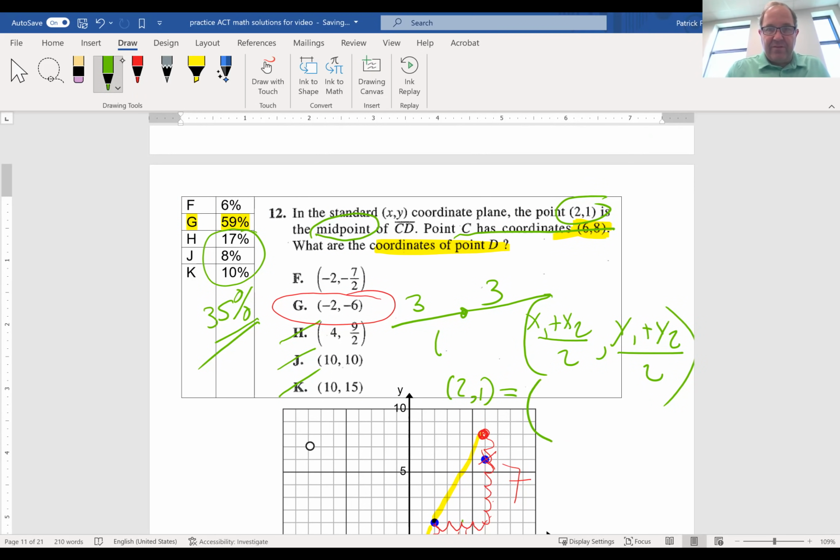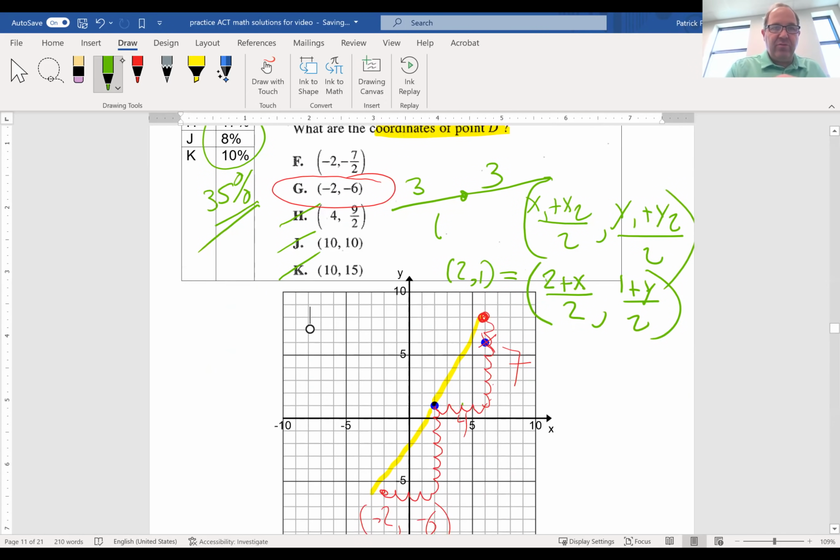And I got to have the X's, and all I know is 1 point, right? You can see how this is kind of getting a little deeper into algebra, whereas the graphing's a little quicker. But what you would do is you would just solve this equation. You'd let 2 equal this, because those are the X values. Solve for that.